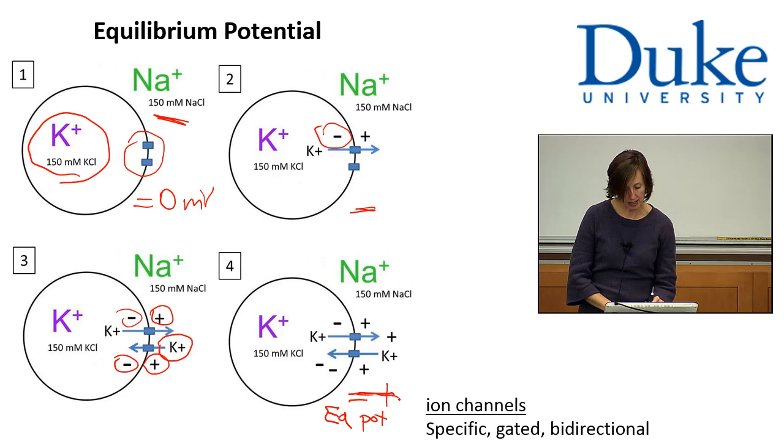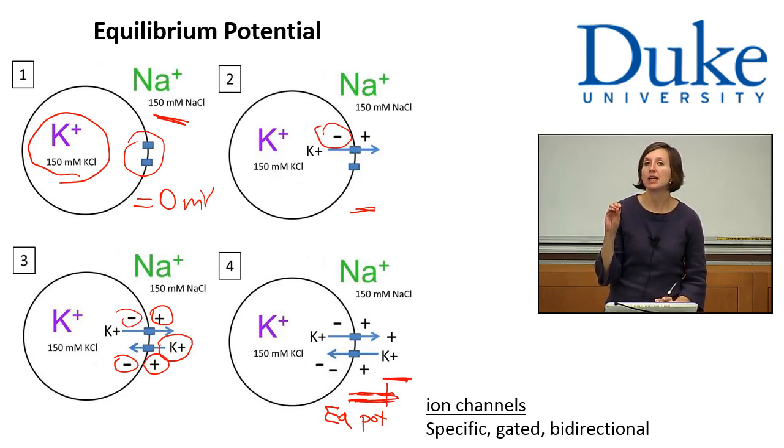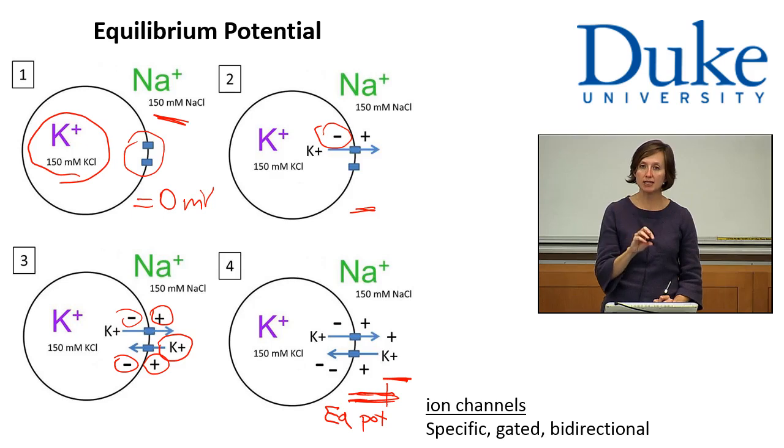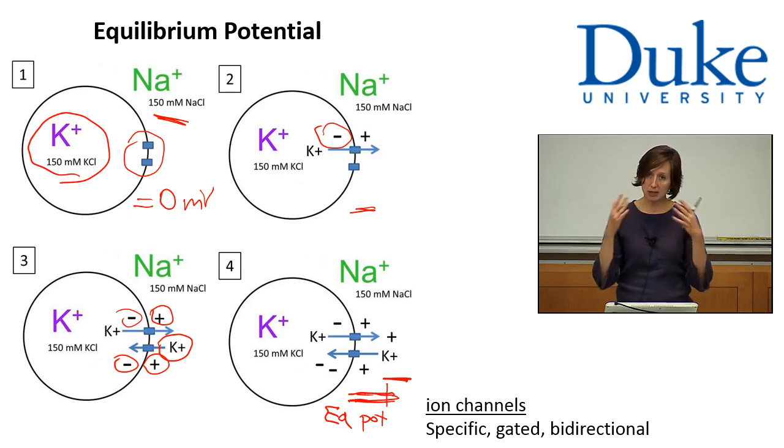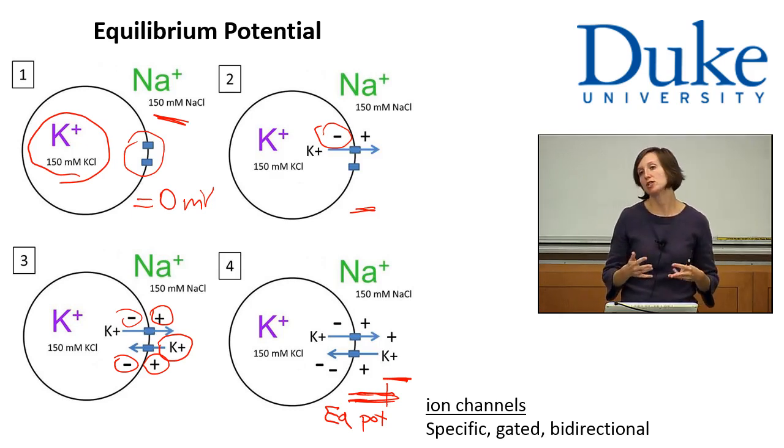I'm sorry, that's going to be a negative membrane potential. And it's going to be based solely on what the potassium concentration is on the inside of the cell versus the outside of the cell. That's what's going to determine the millivolt number that's going to be negative, that is going to be the equilibrium potential for potassium.